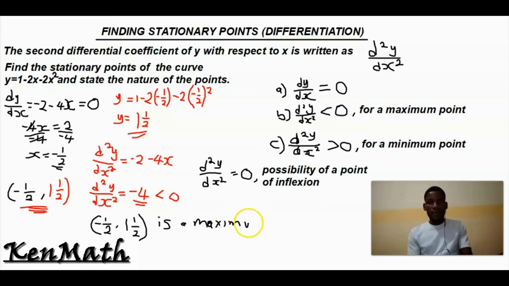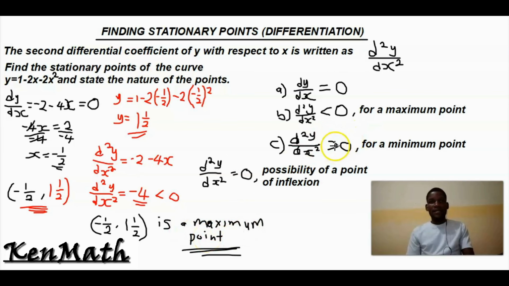That point is a maximum point. Why is it a maximum point? Because the second differential coefficient at this point is negative 4, which is less than 0. So that is why the nature is a maximum point.